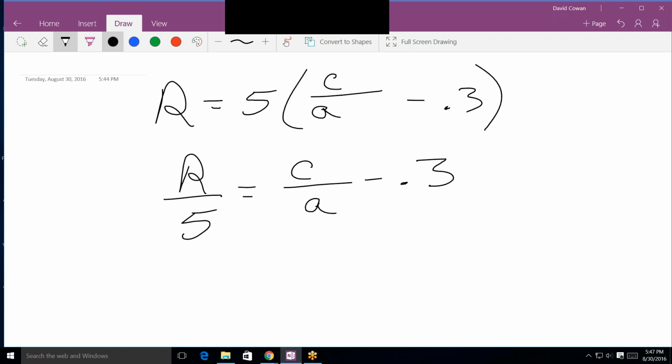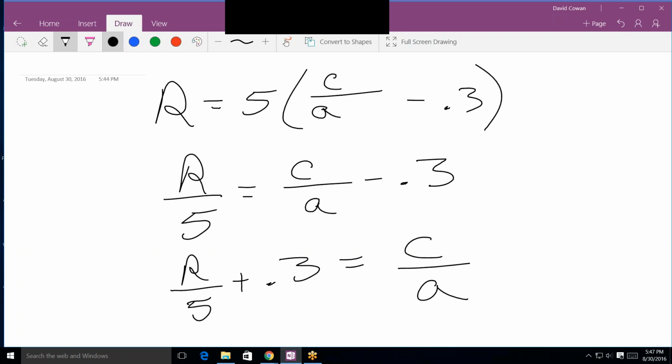Now, what's the next thing I can get rid of immediately? Add 0.3. And finally, the last step to solve for c: multiply both sides by a.